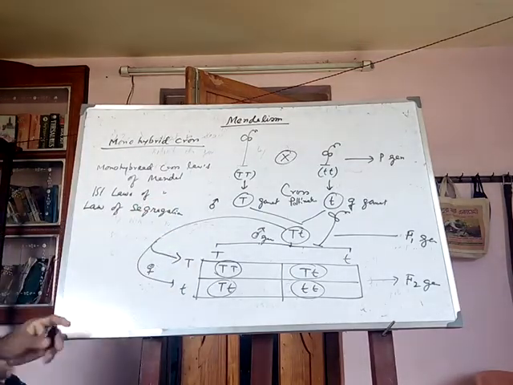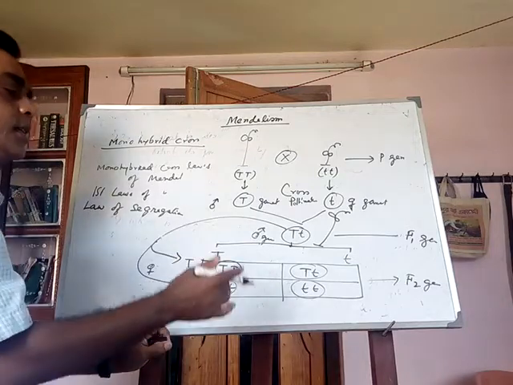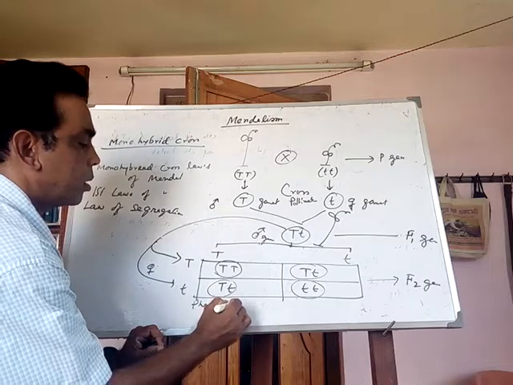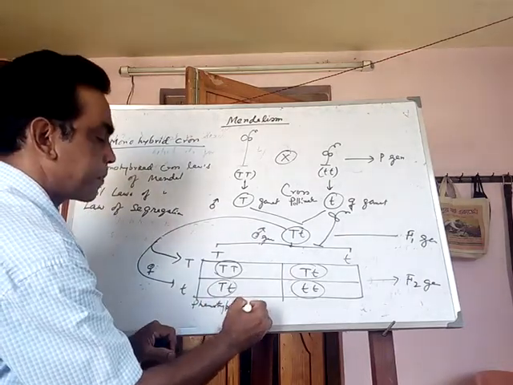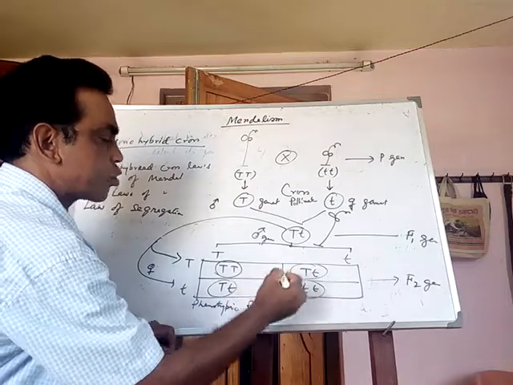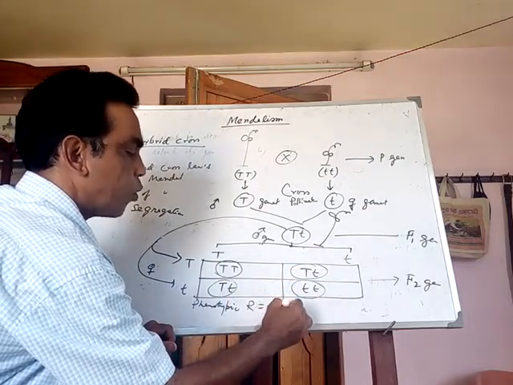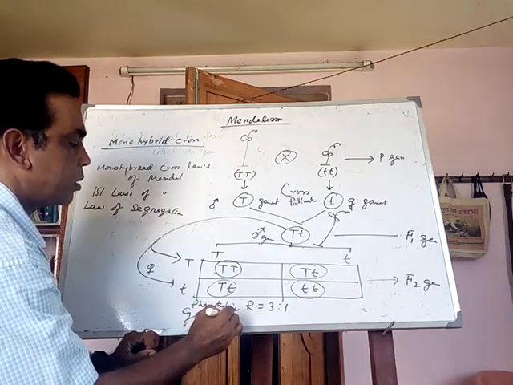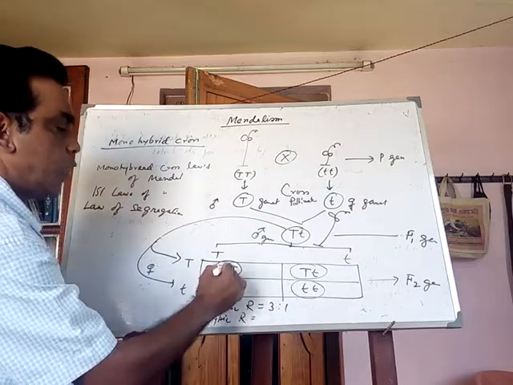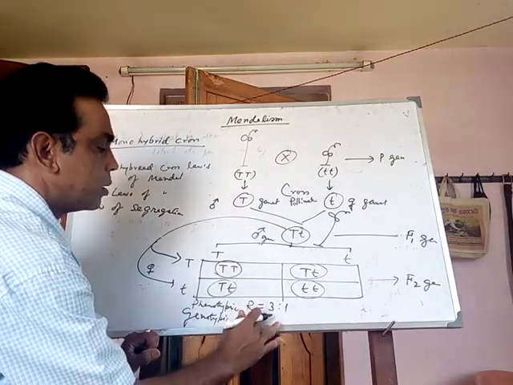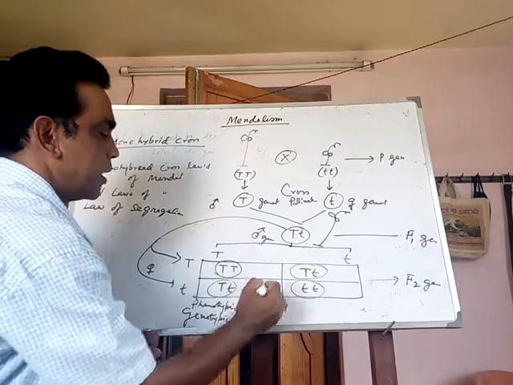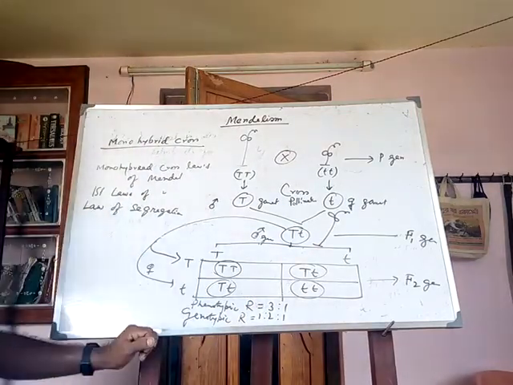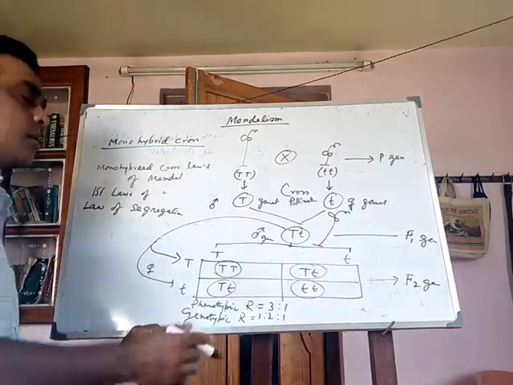Law of segregation. Here he wrote that the phenotypic ratio of this experiment is 3 tall to 1 short, but the genotypic ratio is 1 pure tall, 2 hybrid and 1 pure short or pure dwarf.